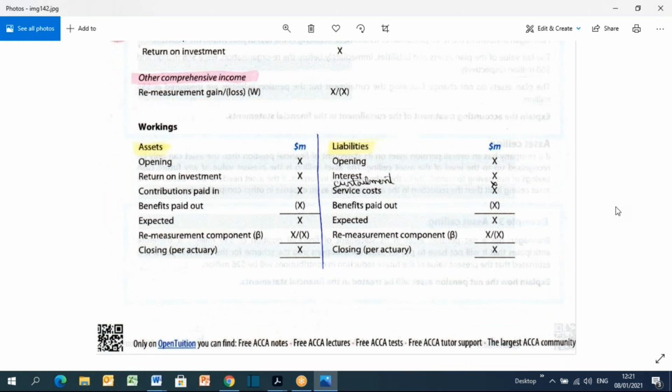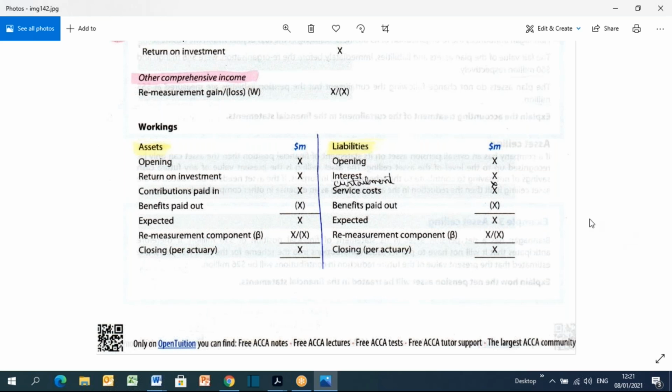Also, if you are looking for a template on how to calculate the pension or the service cost or the contribution or whatever it is asking, because as you know in the exam, you can be asked for the opening balance, for the closing, for the remeasurement component, for the contribution paid, for anything. But if you have the layout in your head, you will be able to calculate this in the exam quite quickly.